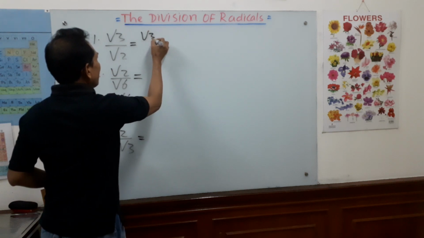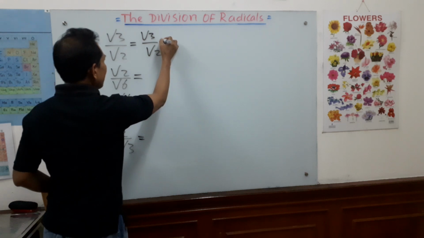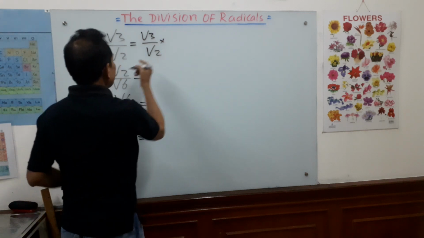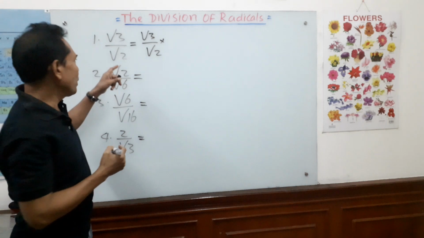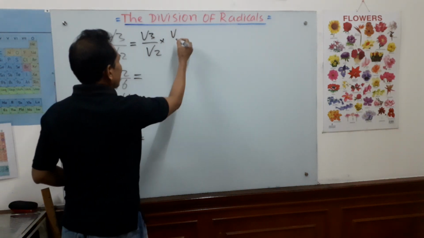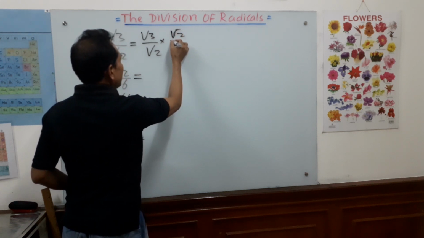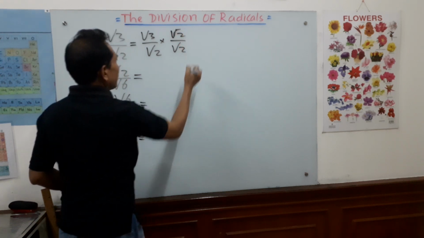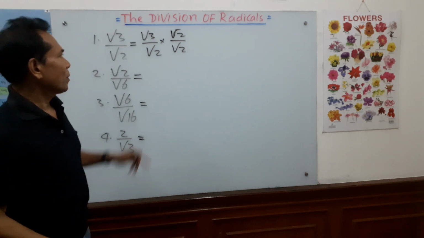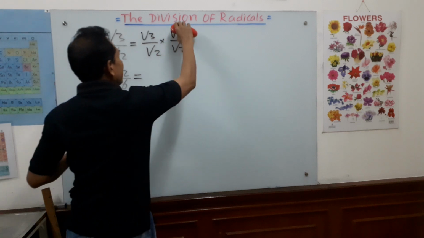We have square root 3 over square root 2, okay, times, we rationalize the denominator, so we take the denominator, we have 2 here, is 2 over 2, square root 2, I should write this properly.